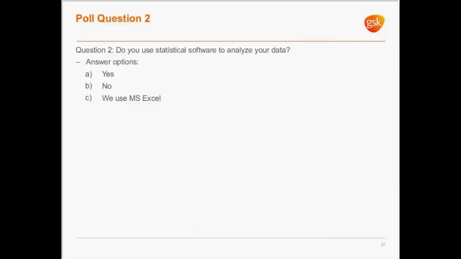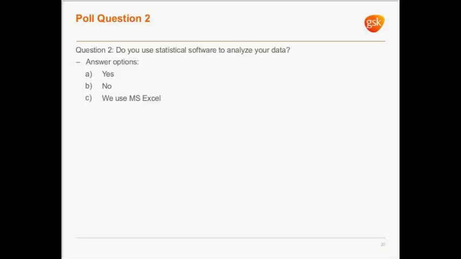But before we do that, we have another poll question. So we have another 60 seconds to answer this question. There are many ways that we can analyze data. And the most basic and probably the most common way to look at data and generate visual representations is to use a spreadsheet. However, I've been seeing more often that folks are using statisticians or statistical software as an aid.